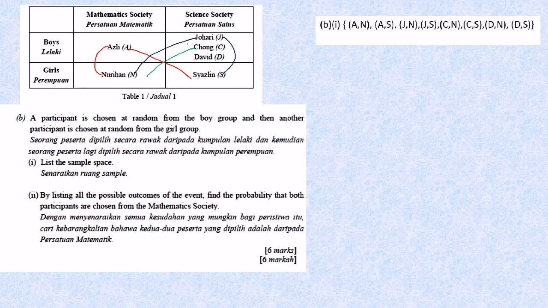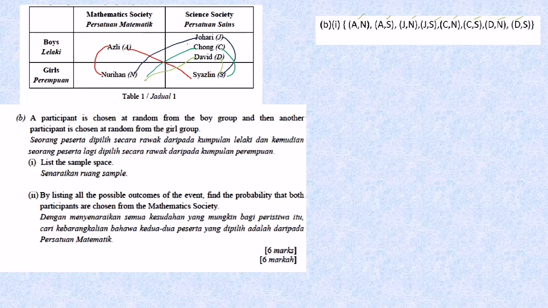Chong, Nurihan, Chong, Shazlin. David, Nurihan, and David, Shazlin. So altogether you have 8 possible outcomes: 1, 2, 3, 4, 5, 6, 7, 8.